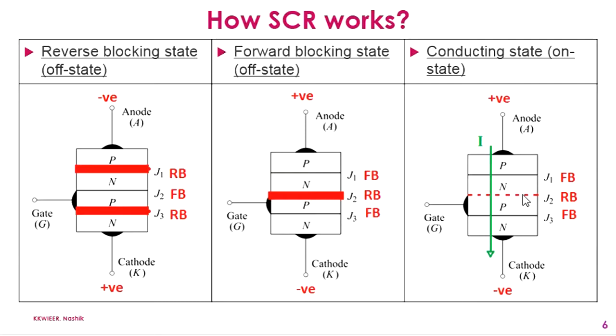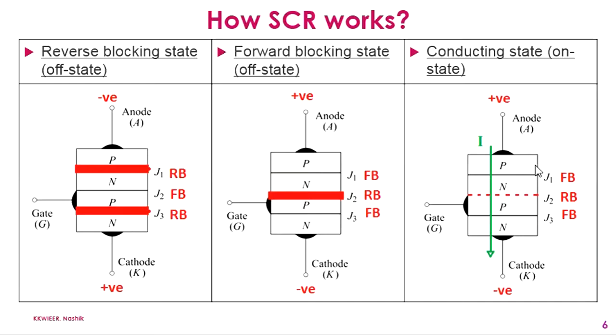That means junction J2, which is reverse biased, will break down due to the large voltage gradient across the terminals anode and cathode. Since the other junctions J1 and J3 are already forward biased, there will be free carrier movement across all three junctions, resulting in a large amount of current flowing through the device, and this will make the device conduct. So it is also known as the conducting state or on state.